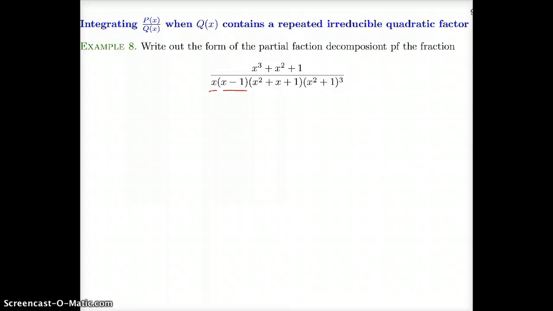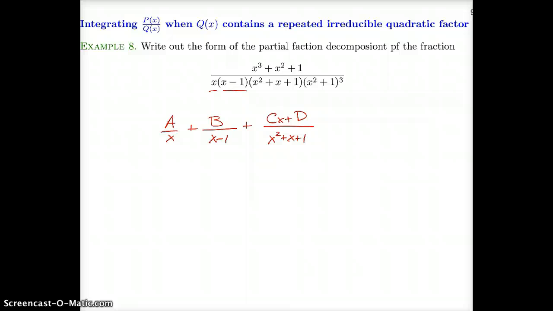So our decomposition would look like A over x plus B over x minus 1, plus, since these are irreducible quadratics, for the x squared plus x plus 1, I would have to have Cx plus D in the numerator. And then x squared plus 1 cubed works the same way as with the linear factors if I have them repeated.